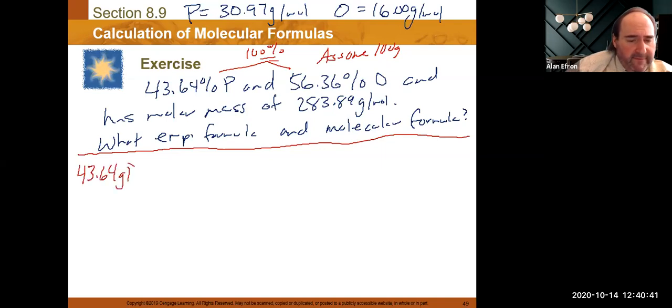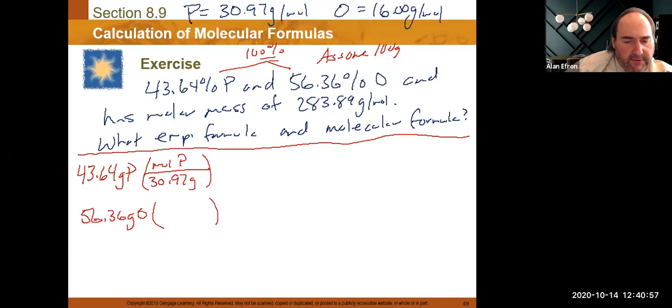So we're going to take 43.64 grams of phosphorus. We want to also convert that into moles. So we'll use our molar mass of 30.97 to do that. That also means that we would have 56.36 grams of oxygen. Again, also using the molar mass for oxygen from the periodic table to convert us into moles.